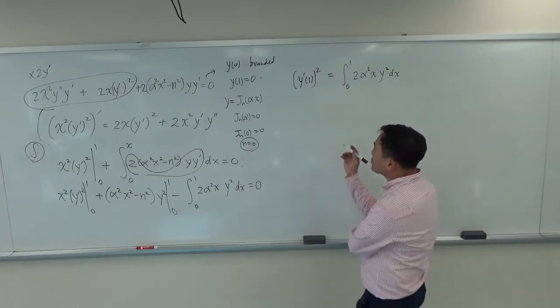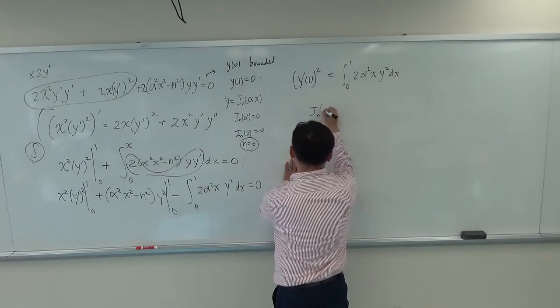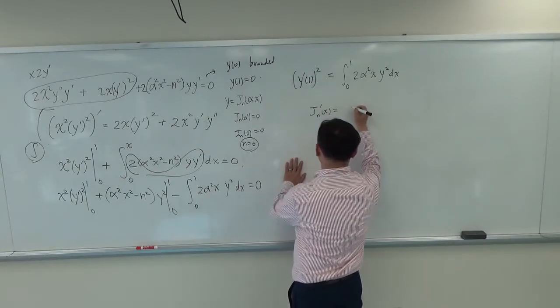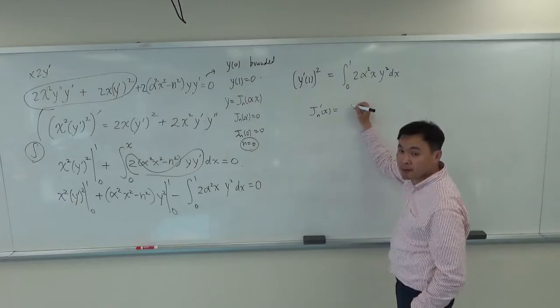So what was the formula for jn prime of x? What is this the same as? Can somebody tell me?